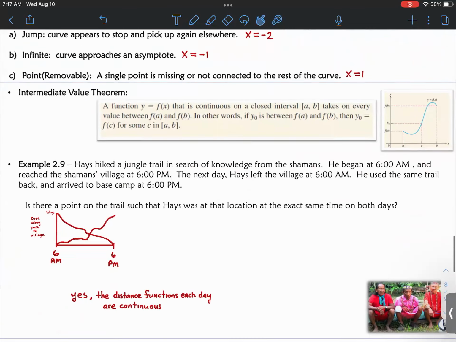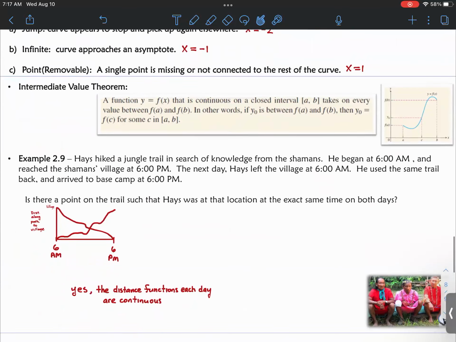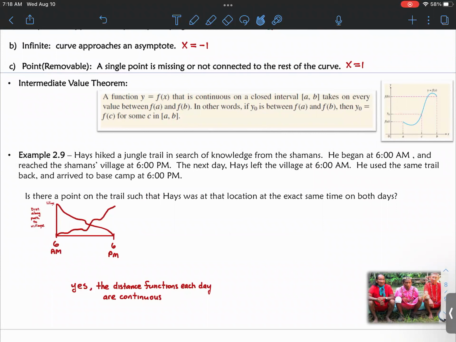Moving on, I think this is the end here. Last concept, we'll just touch on really quickly a theorem that you saw in Calc A that's related to continuity. It's called the intermediate value theorem.